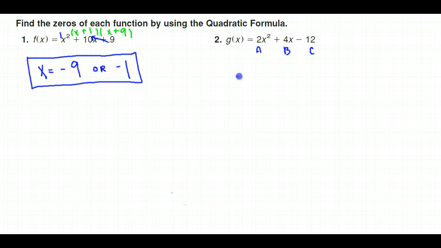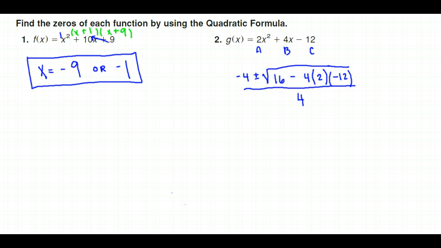So we have the opposite of b, which is negative 4 plus or minus the square root of b squared, which is 16, minus 4 times a, which is 2, times c, which is negative 12, and that is all over 2 times a, 2 times 2 is 4.